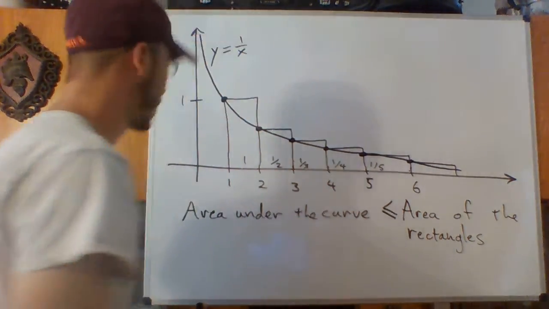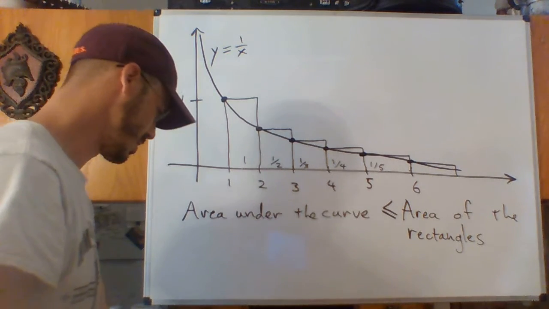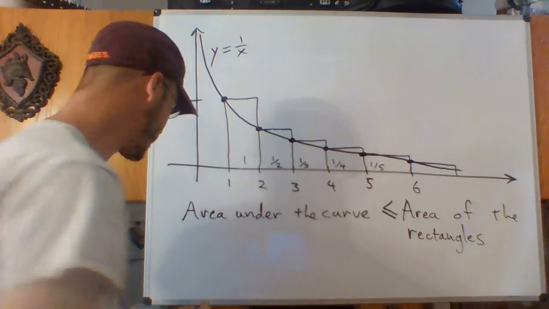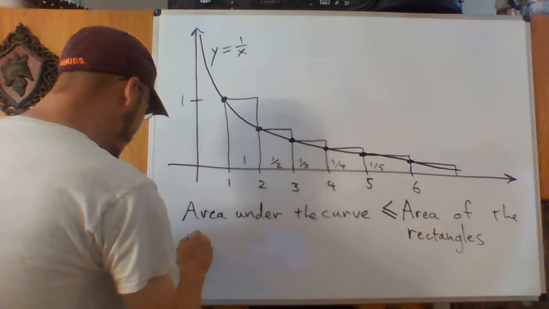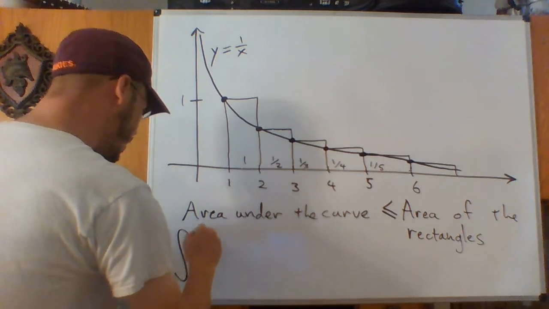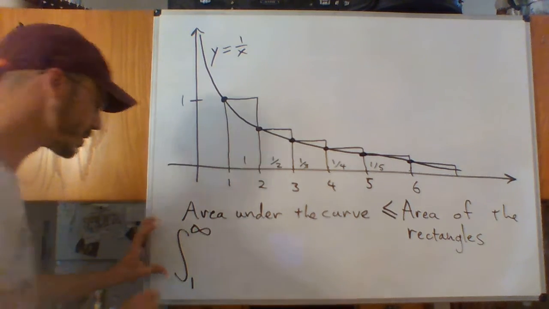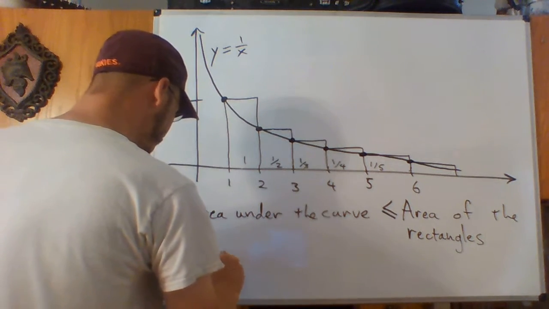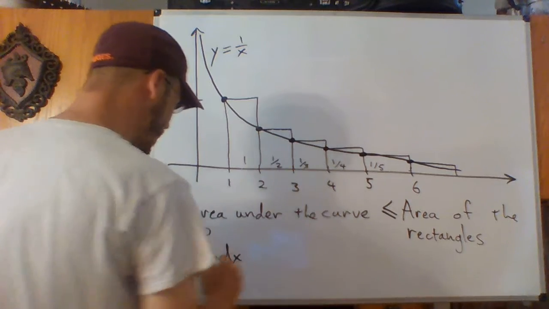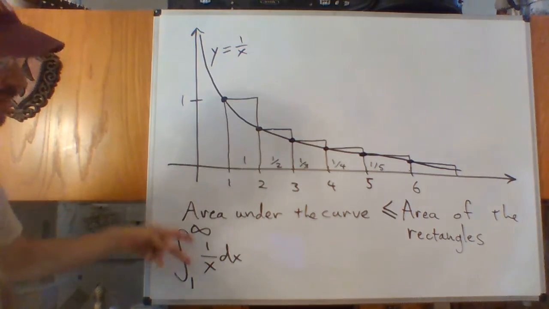So here's some space. All right, so the area under the curve I can write as an improper integral from 1 to infinity of 1 over x dx. That's the curve I used, 1 over x. That's my f of x.